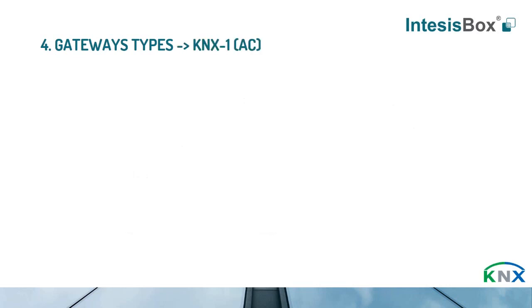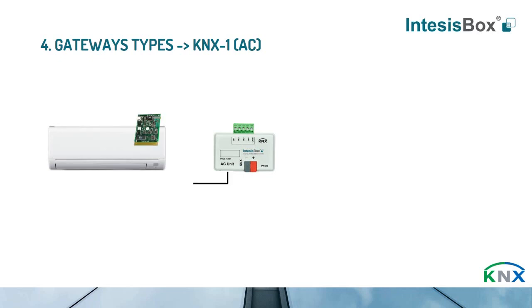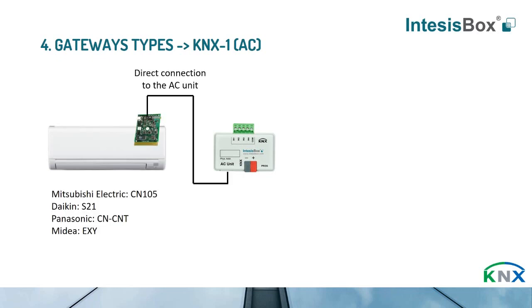how are these gateways connected to these air conditioning systems? We have the gateway, and in the KNX 1 AC gateway type, we are directly connected to the AC unit.